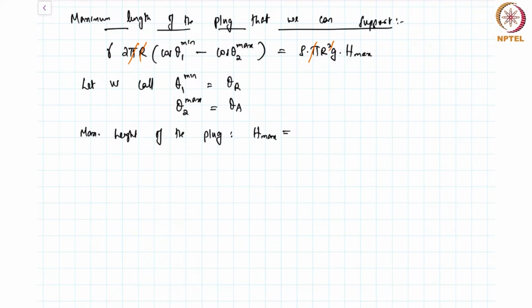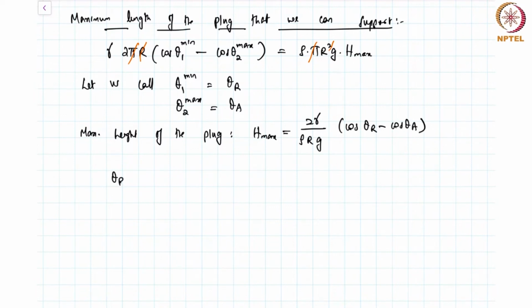I simply have 2 gamma by rho r g times (cosine of theta r minus cosine of theta a).